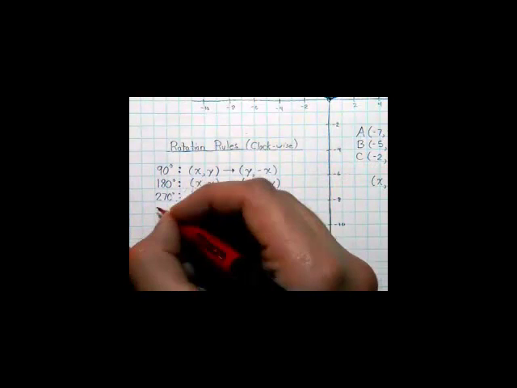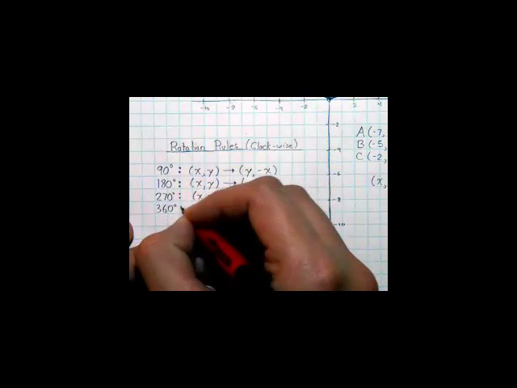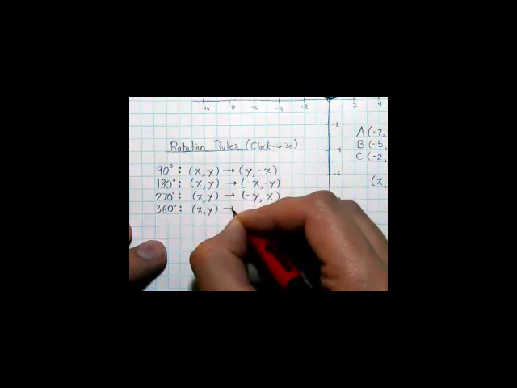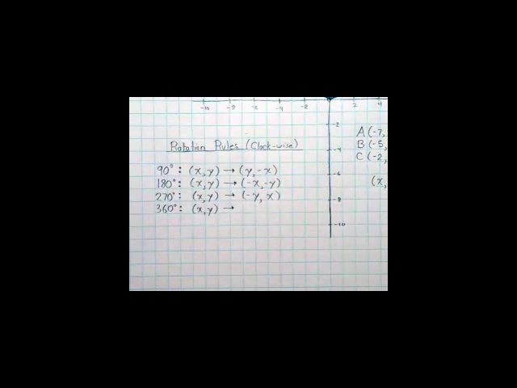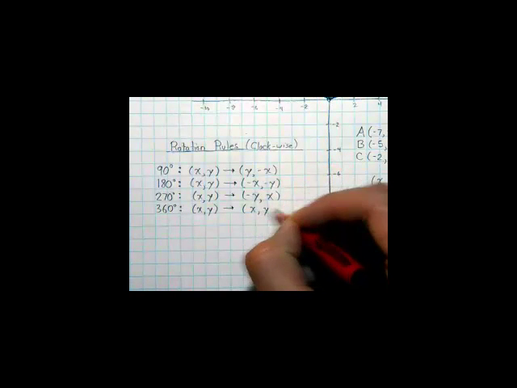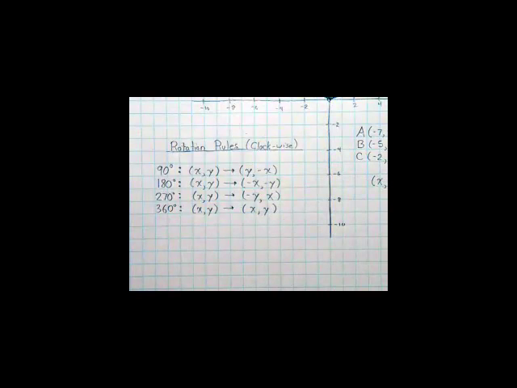I can do the 360 if you want. That was 270. Now, what should 360 be? Whoa, x, y. It's right back where it started. Maybe I'll throw one of those on the test just to keep you honest. Make it a nice, easy one for you.